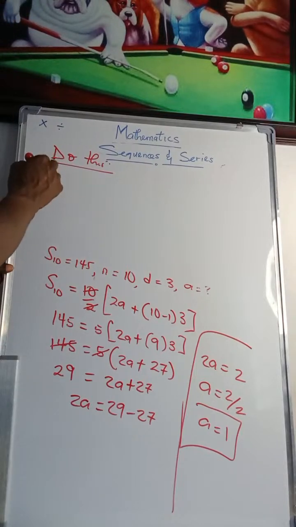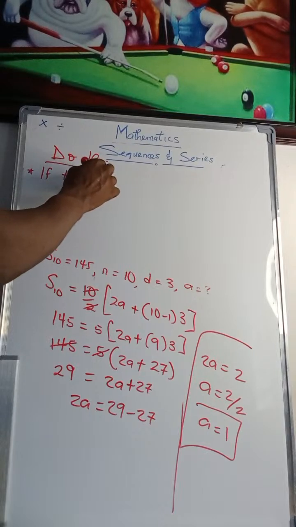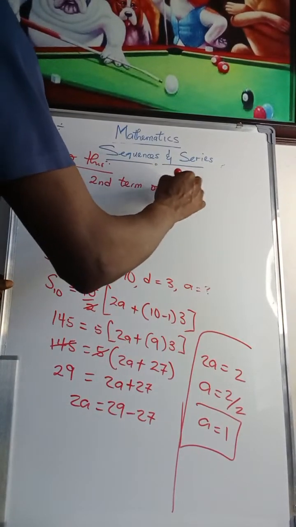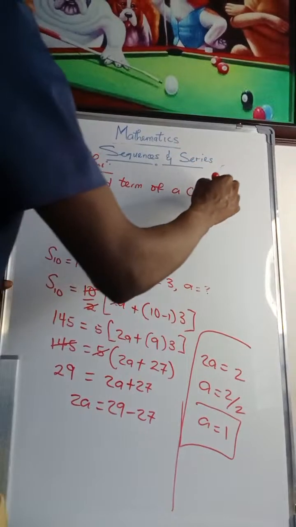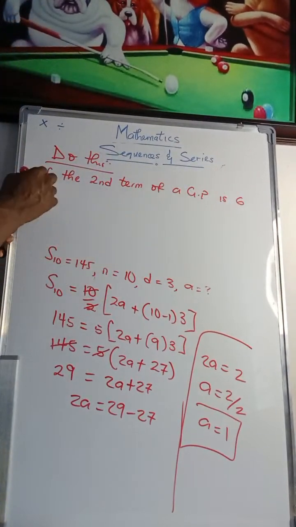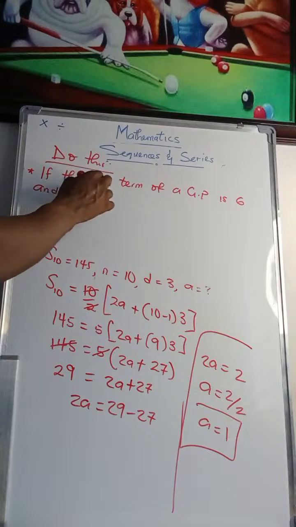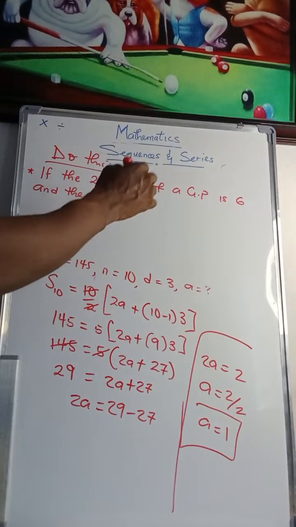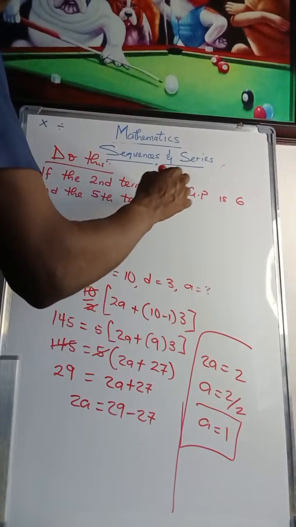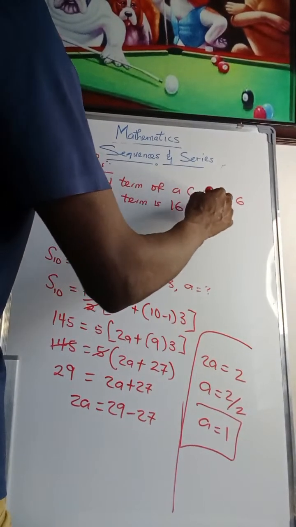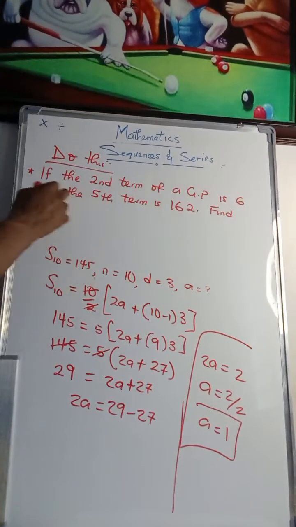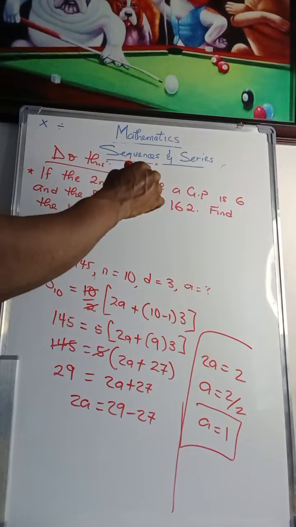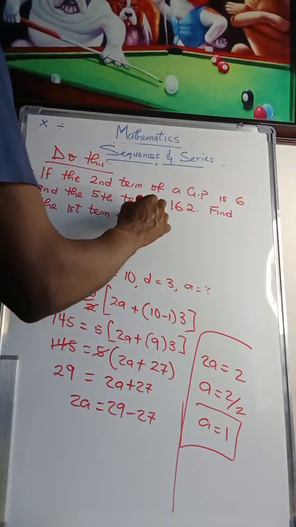If the second term of a GP is 6 and the fifth term is 162, find the first term and the common ratio.